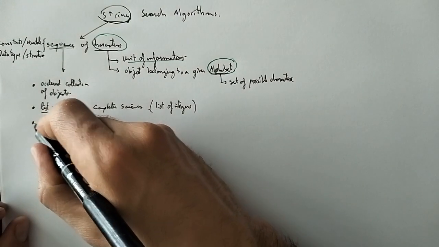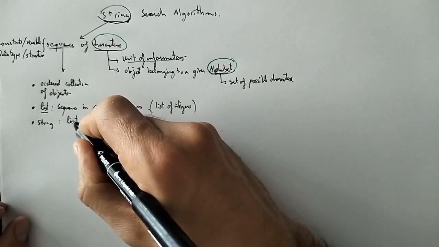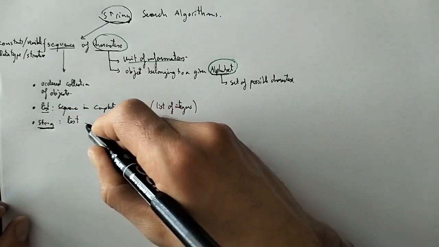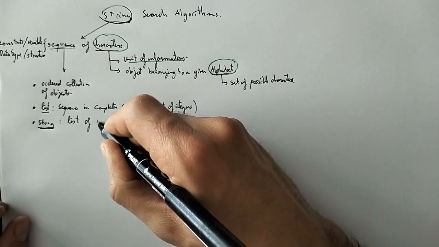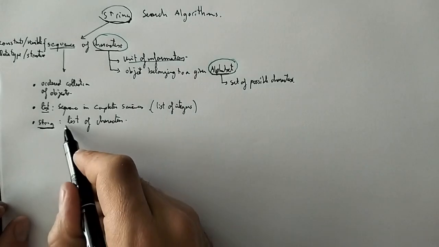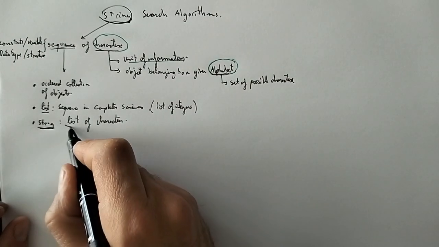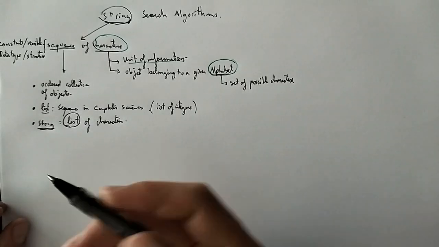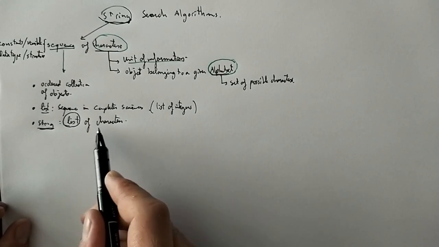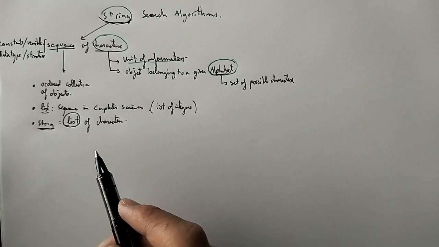And then a string will be more precisely a list of characters. Most of the time we will be dealing with these sequences of characters in computer sciences. So we can use the term list of characters here if we are really using an implementation of a string.